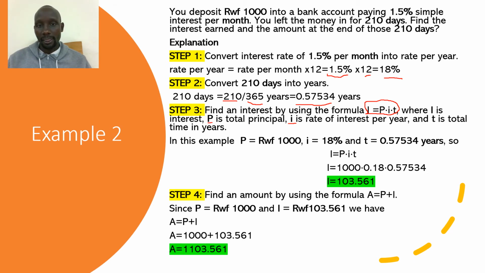So in this example, we have P as 1,000 francs, R we got 18%, and our T is given by 0.57534 years.